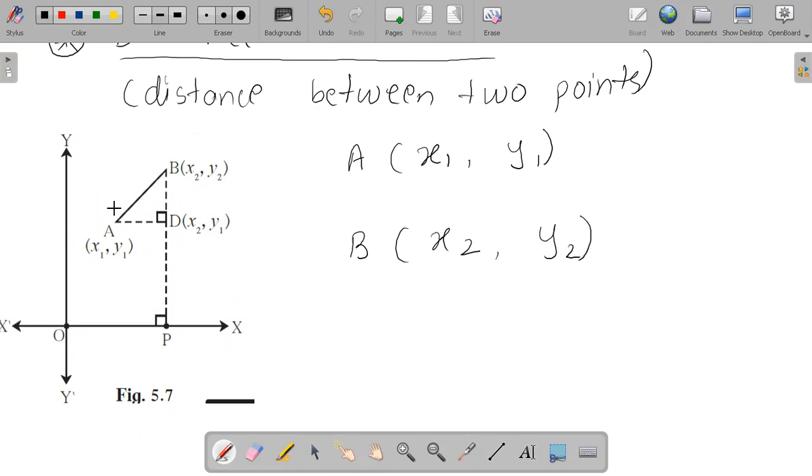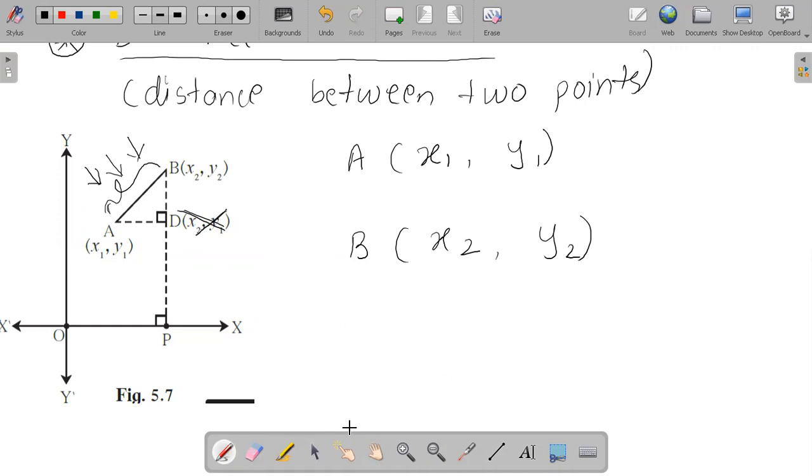Now we are interested in finding the distance between A and B. If you look at the graph, this is the distance between 2 points. Just ignore the point D and look only at point A and point B.